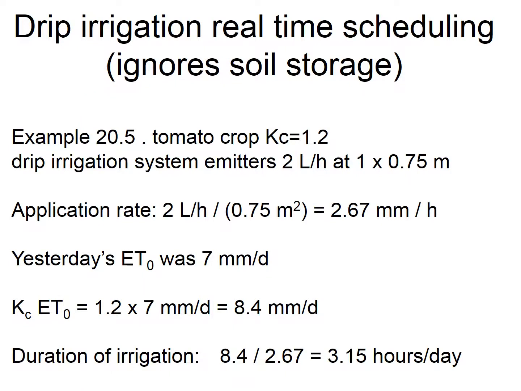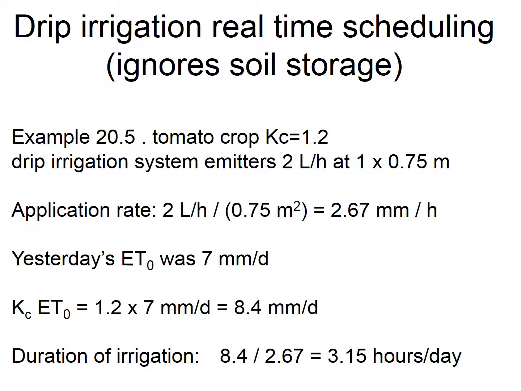In the case of high-frequency irrigation, for instance using drip irrigation, we can ignore the soil storage and merely apply, using the irrigation system, the amount of water lost by evapotranspiration. For instance, let's consider a tomato crop with a crop coefficient of 1.2, irrigated with a drip system with emitters of 2 liters per hour spaced at 1 by 0.75 meters.